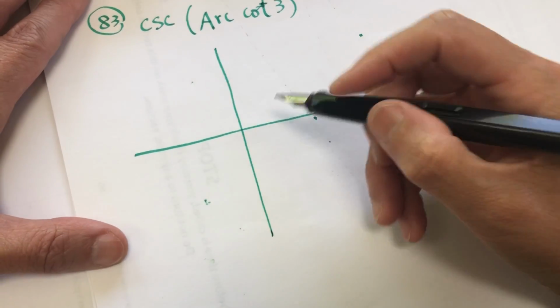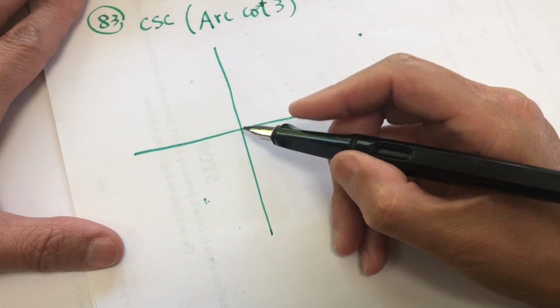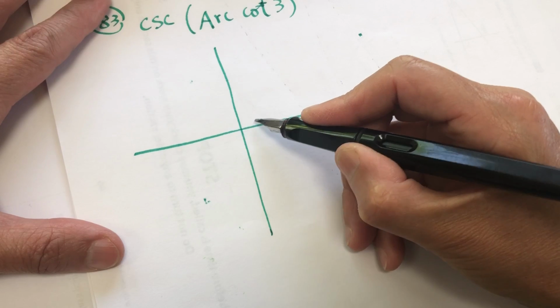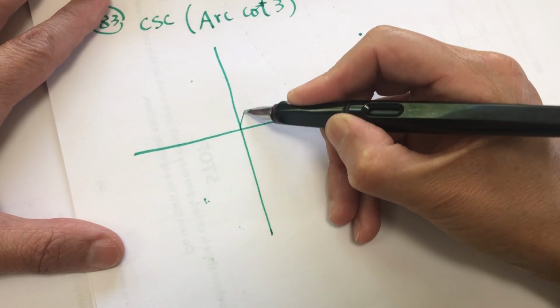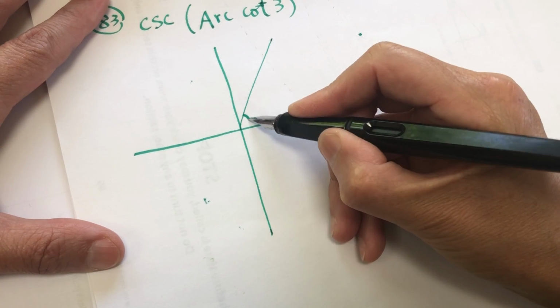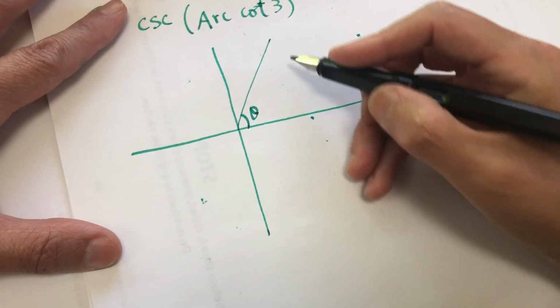We can write it directly like this. And we know one angle here. This is the angle theta.